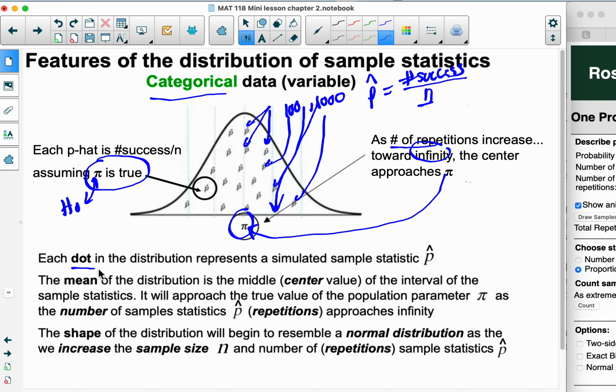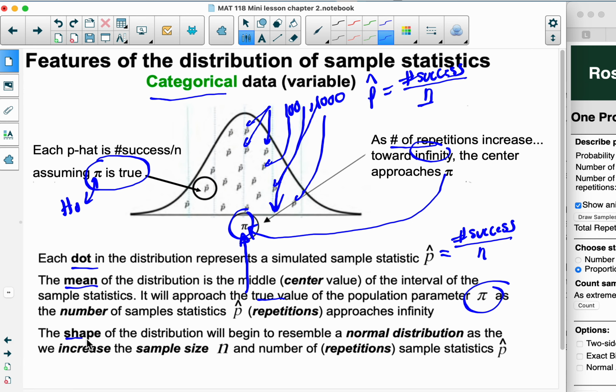So each dot represents a simulated sample statistic, a p-hat, that represents the number of successes over whatever sample size we put in. The mean or the center of the distribution is going to approach this true value of pi. The more p-hats we generate, the closer the center gets to the value of pi.